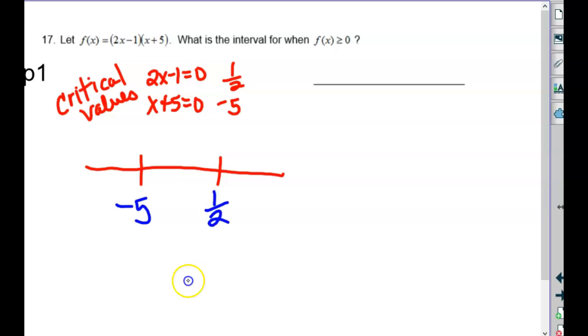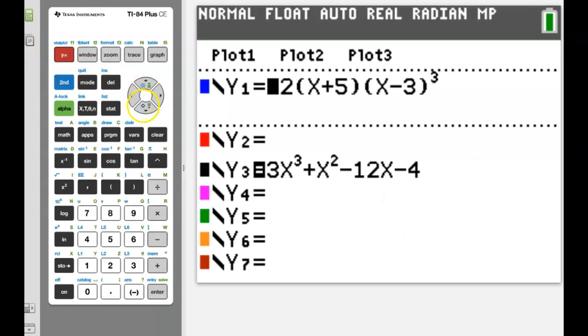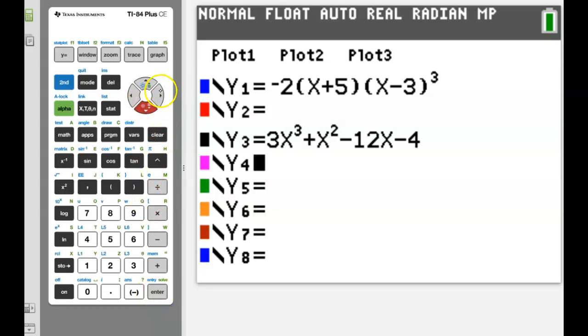If you get those backwards, you're messed up for sure. Then you could certainly graph it and look at it. Two x minus 1, guys. And x.